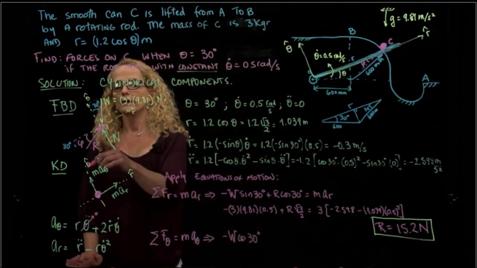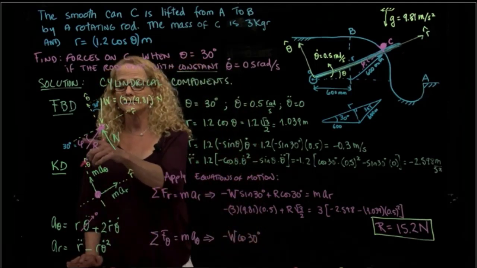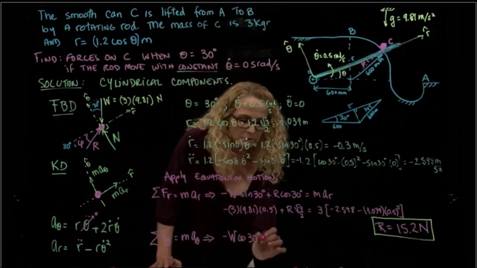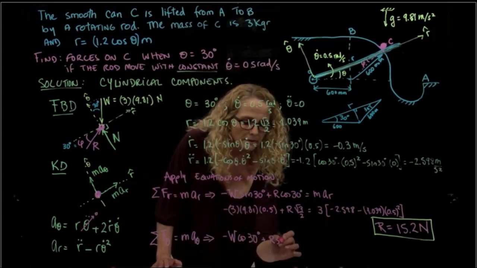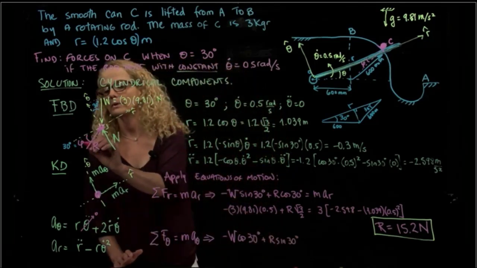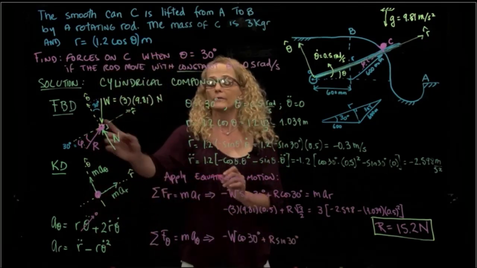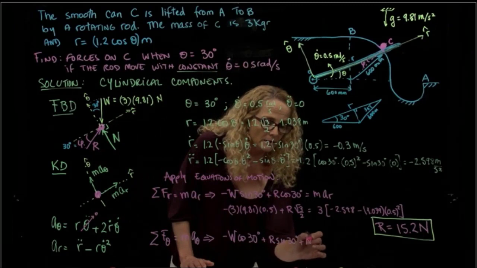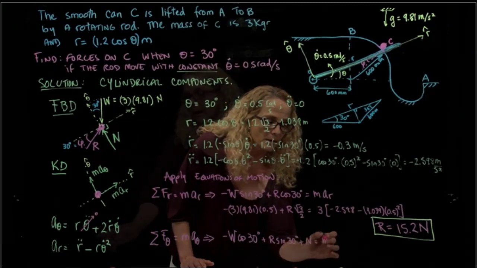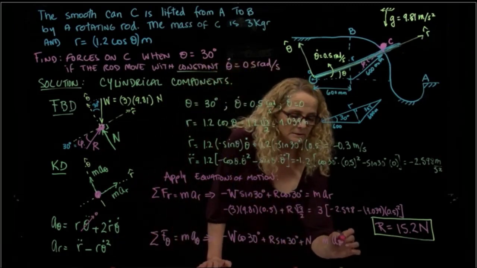Then we have R sine theta, positive, plus R sine of 30 degrees, right? This is this component right here. And then we have N plus N, and that will be equal to m a_theta.